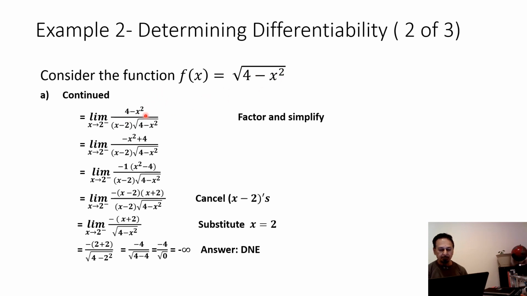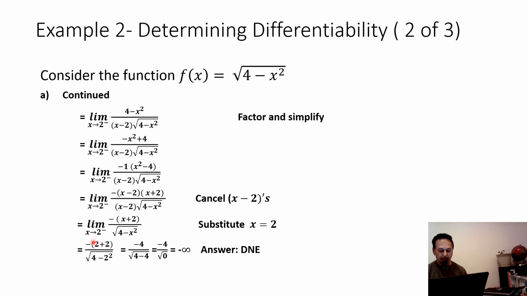Now we can multiply these two, so this becomes (4 minus x squared) over (x minus 2) times the square root of 4 minus x squared. Now we rewrite 4 minus x squared as minus x squared plus 4. We factor out negative 1 and you have x squared minus 4. The factors of x squared minus 4 are (x minus 2)(x plus 2). We can cancel the x minus 2's.